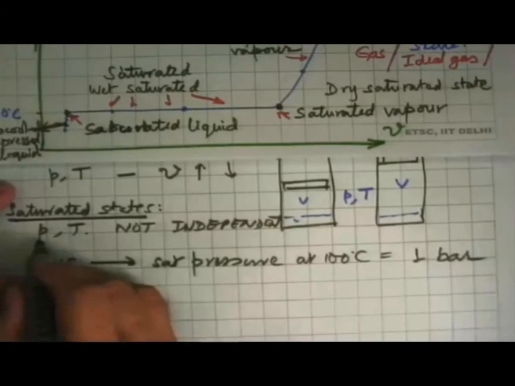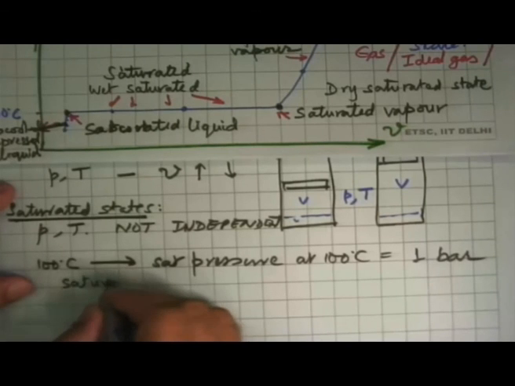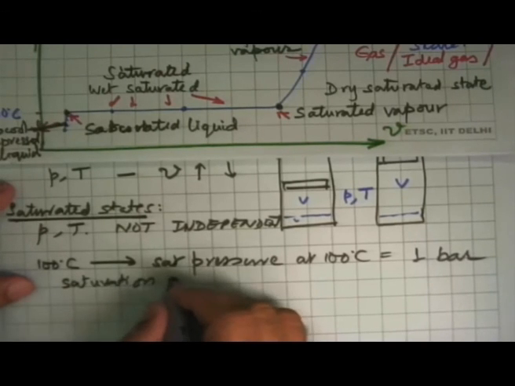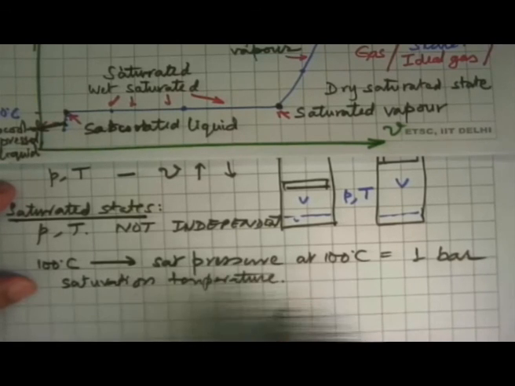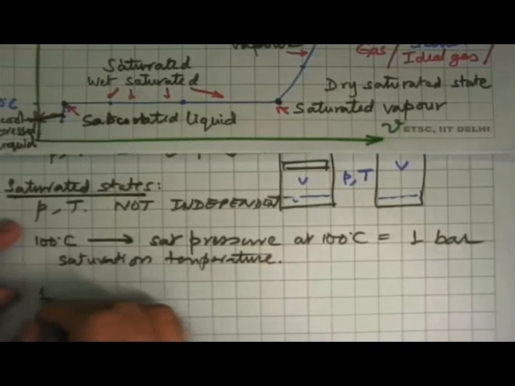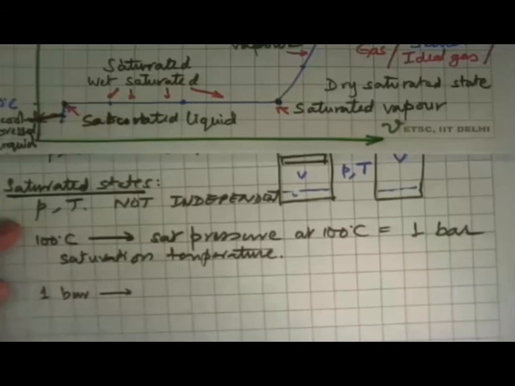So we are introducing a new concept that in a saturated state, the pressure and temperature are known as the saturation pressure and saturation temperature. And conversely, we can say that at 1 bar, what is the temperature at which phase change will start taking place?